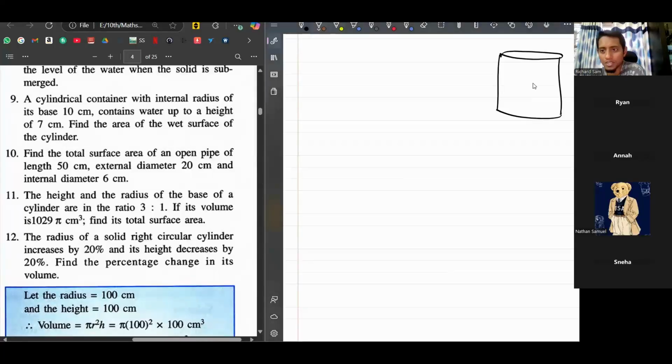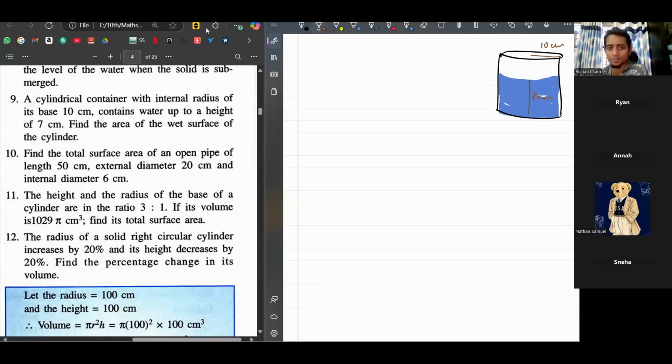So that means radius from here to here is 10 centimeter. It contains water up to a height of 7 centimeters. So the height till where the water is, that height is 7 centimeters.